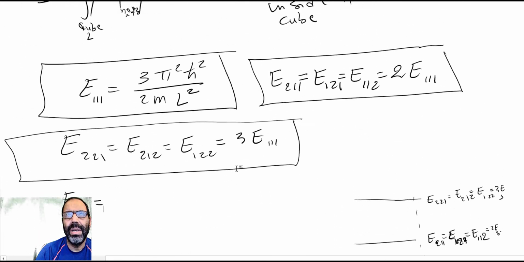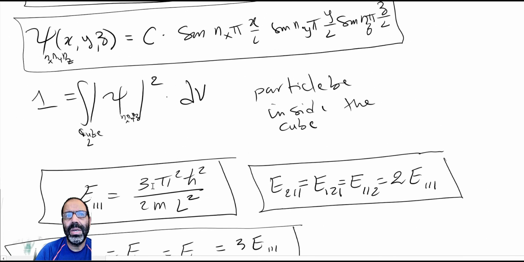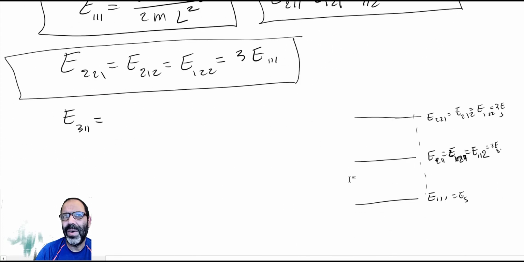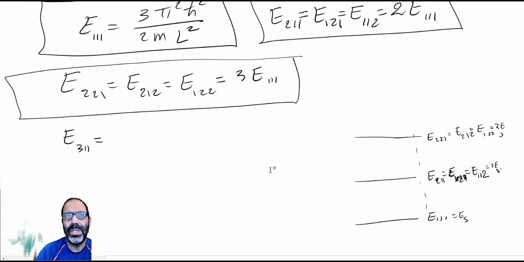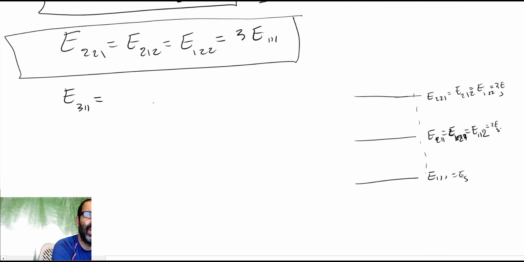The E311 has a 3 in it, so I have to divide that by 3 in order to express it in terms of EG. You can do the algebra quickly and you will find what I'm talking about. 1, 3, 1, and 1, 1, 3. So it's going to be 11 over 3 times E ground.